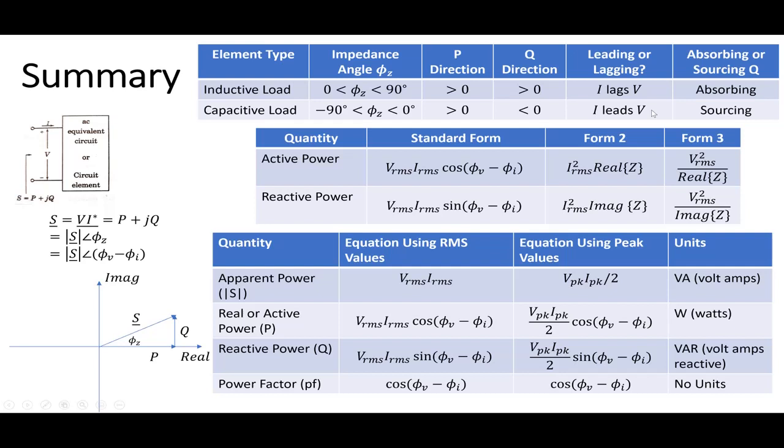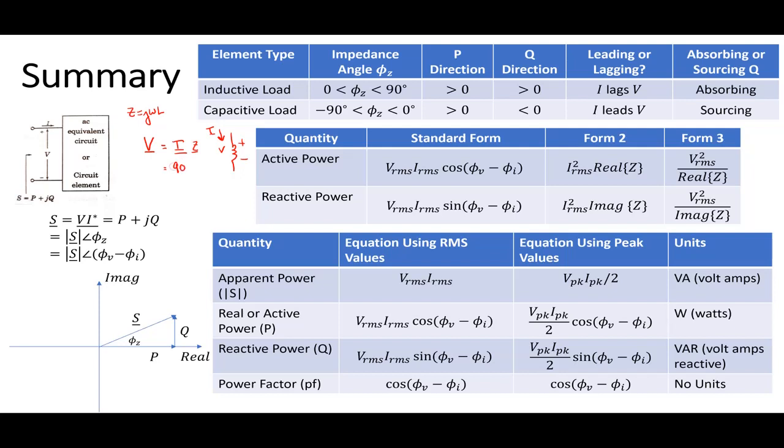Just to remind ourselves, remember Ohm's law is V equals I Z. So think about this for a second. If I had a load that was inductive, so here's I, here's V, the impedance of an inductor, because remember Z equals j omega L, has an angle of 90 degrees.